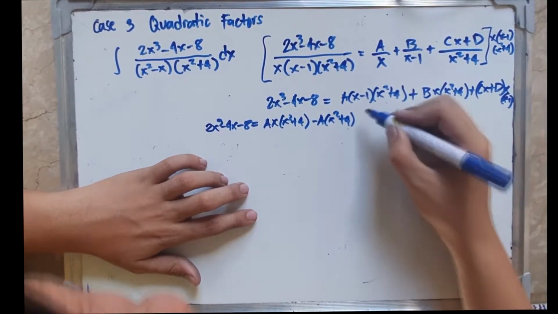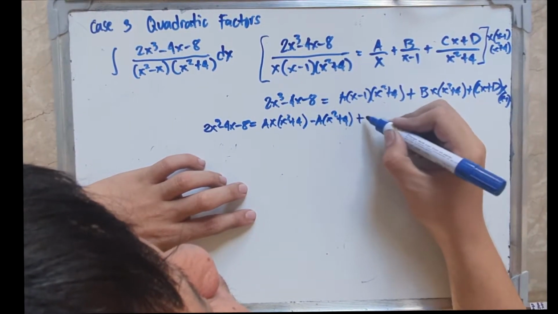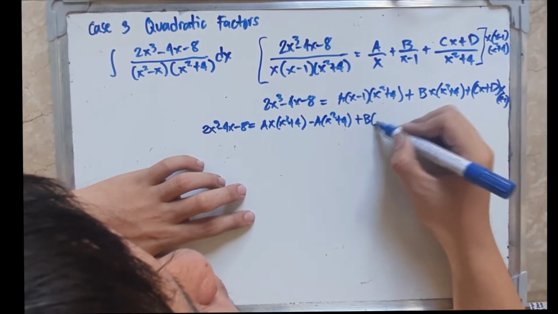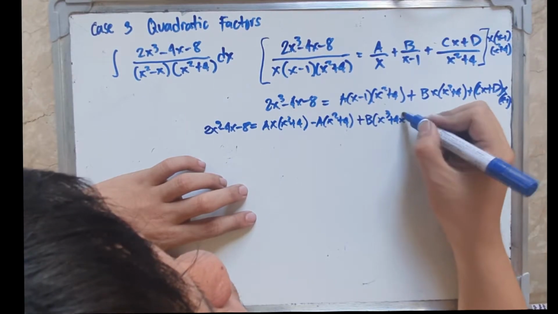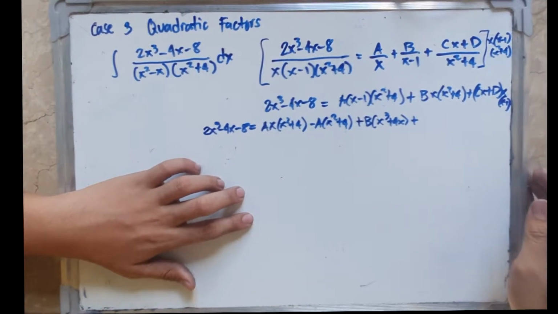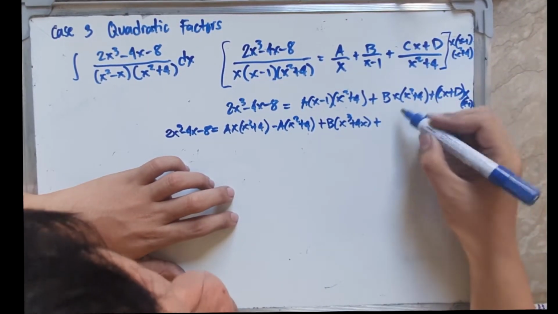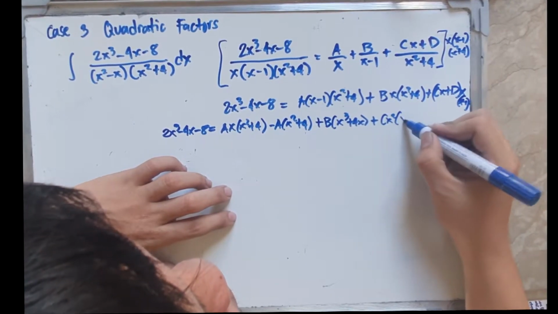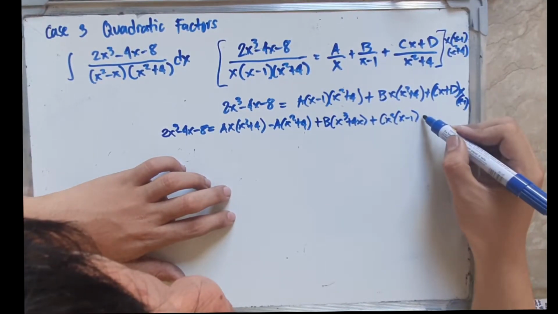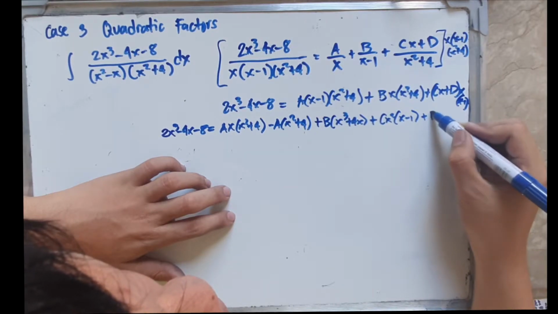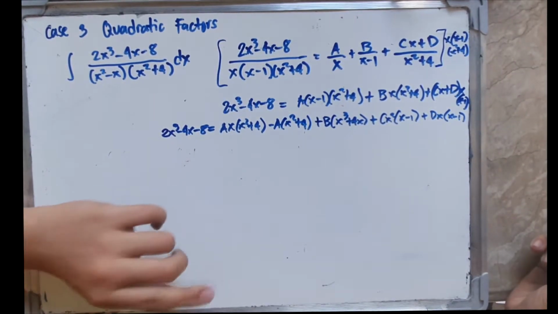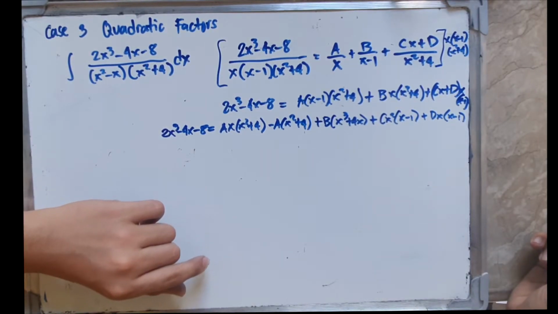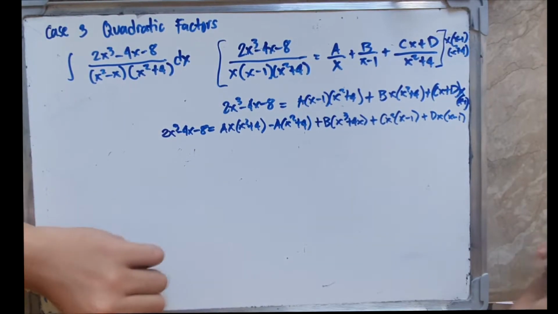So I have here plus (bx plus c)(x cubed plus 4x). I'm going to separate cx squared with x minus 1, plus dx of x minus 1. So let's proceed.